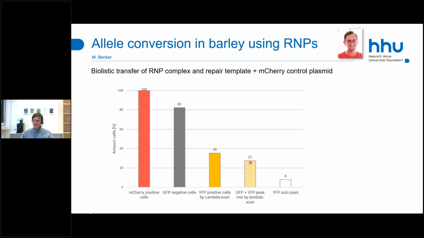So he found that 27 of these 35 had this non-homozygous outcome, but in 8% of those, he could confirm that he has in both alleles this allele conversion. And so he went on also to do this in stable transgenic plants, but this is not part of this talk here. So with this, I come to the summary.